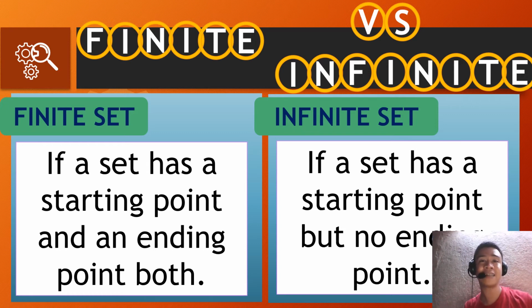If a set has an unlimited number of elements, then it is infinite. And if the elements are countable, then it is finite. Pag limited po at mabibilang natin yung elements ng isang set, that is finite set. Pag walang katapusan, hindi alam kung ano yung dulo, that is infinite set. Okay.